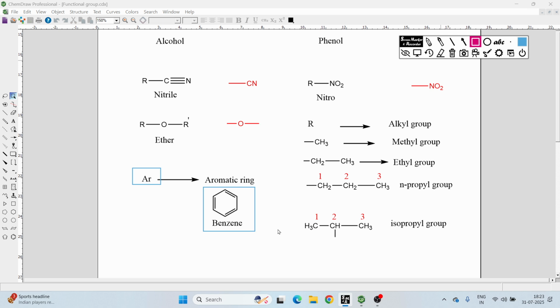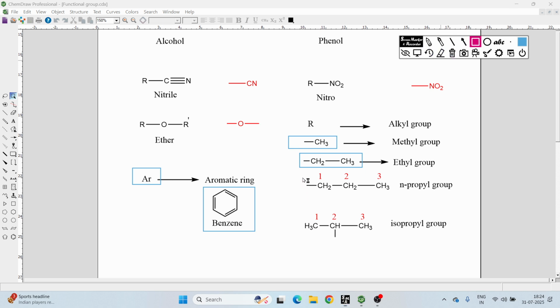So methyl group, it is 1 carbon 3 hydrogen atoms. This is methyl. If you talk about ethyl, you have 2 carbon atoms and 5 hydrogen atoms. If you talk about propyl, you have 3 carbon, 7 hydrogen atoms. But when it comes to propyl, it can be N-propyl or isopropyl. N means point of attachment will be through carbon atom 1. Why like this?